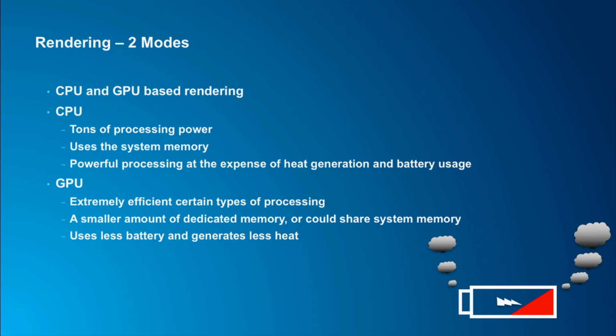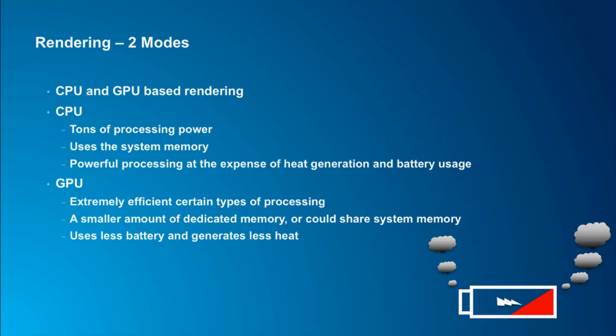But it produces a lot of heat and it drains your battery. So on your mobile device, if your CPU's churning away, you'll see that battery just kind of go down. And one of the things as a rendering engine for a mobile device is you have to think about heat because there's no fan on a phone. So how are you going to cool that thing down? The big old desktop's got these liquid cooling systems and everything. They totally handle tons of processing.